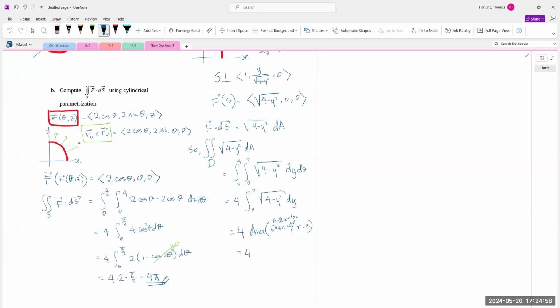Okay, so 4 times 1/4 pi r squared. That's 4 pi. Okay, which gives us the same answer we got with the cylindrical parameterization.